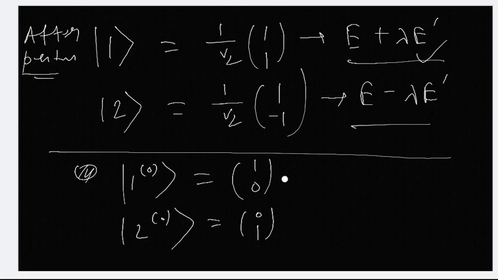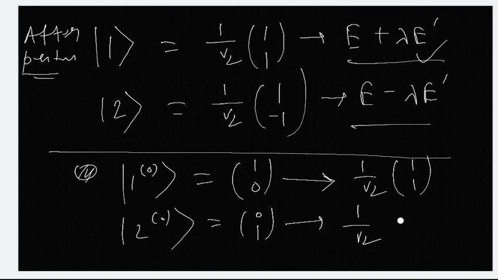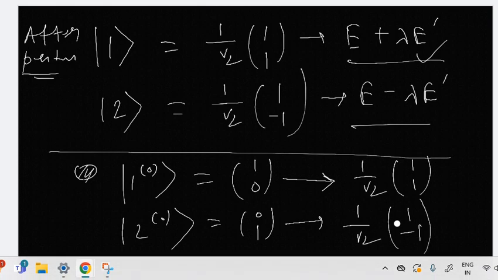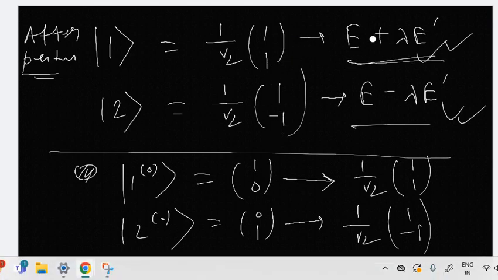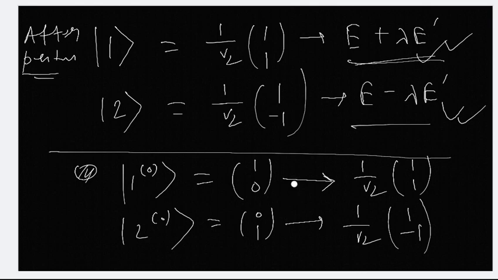After perturbation, it will change to 1 by root 2 (1 1), and it will go to (1 -1). In that process, due to the perturbation, the degeneracy is broken. Before perturbation, those two states have the same energy eigenvalue, and after perturbation, you can clearly see that the energy eigenvalue will be different. That means the degeneracy will be broken.